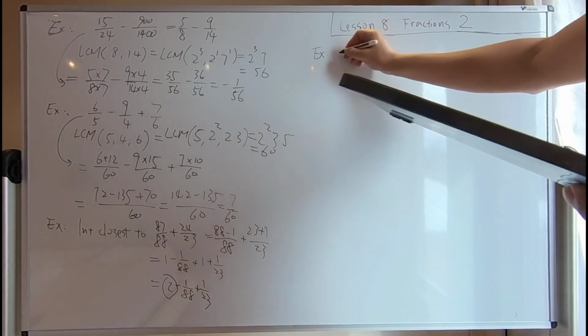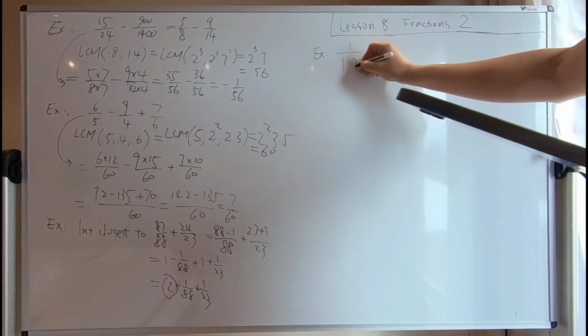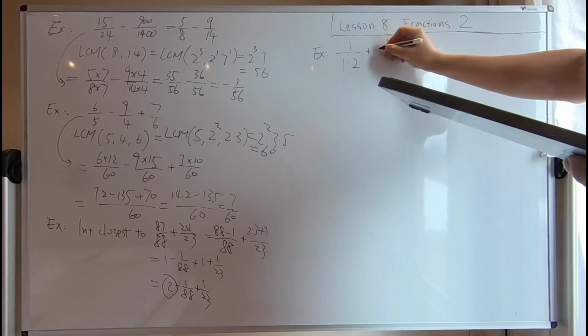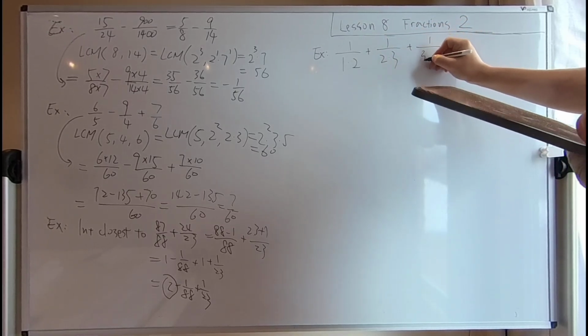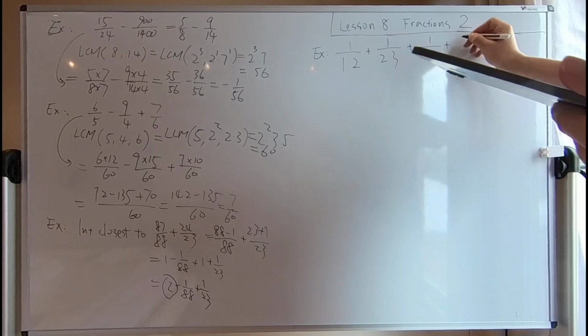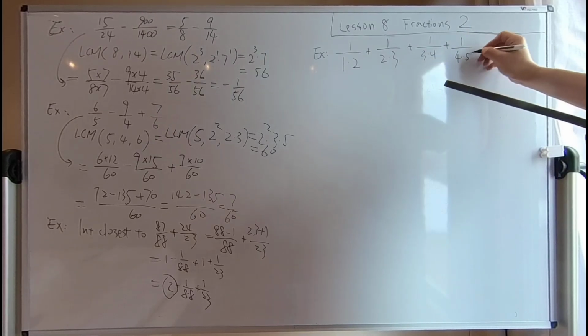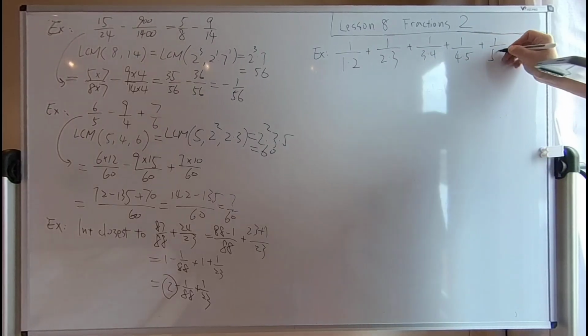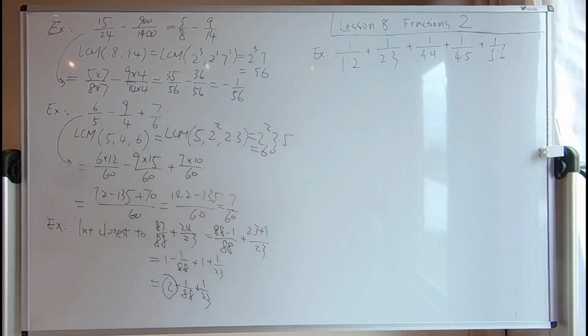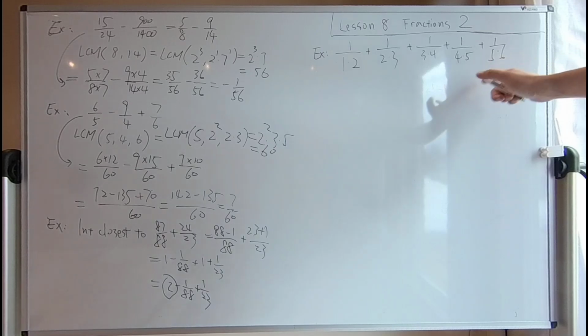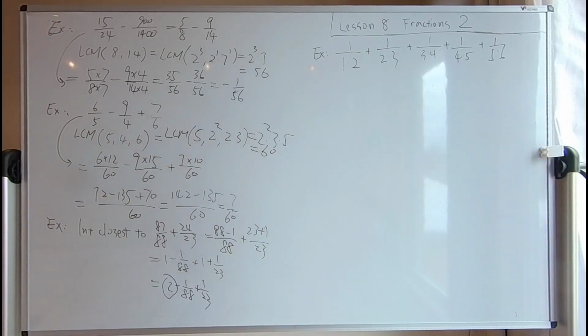In this example, I have 1 over 1 times 2 plus 1 over 2 times 3 plus 1 over 3 times 4, 4 times 5, 5 times 6. So I have a sequence with a certain pattern, and they are all fractions, and I want to find the summation of this long expression.